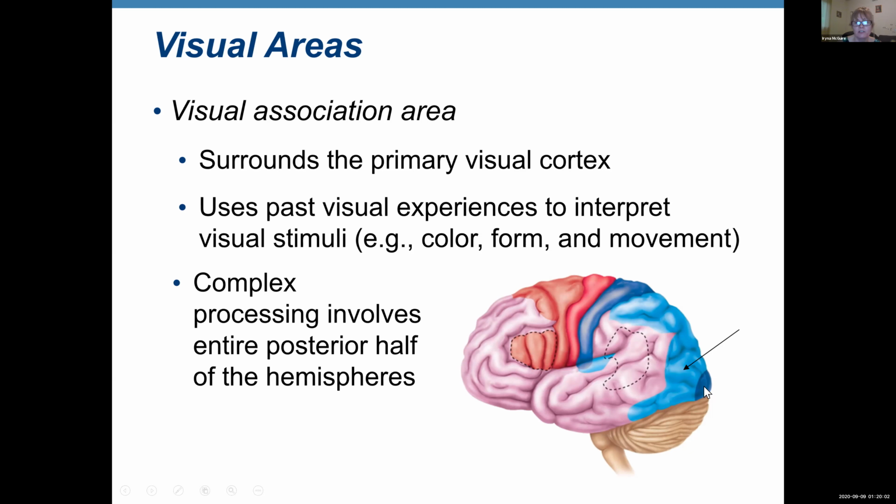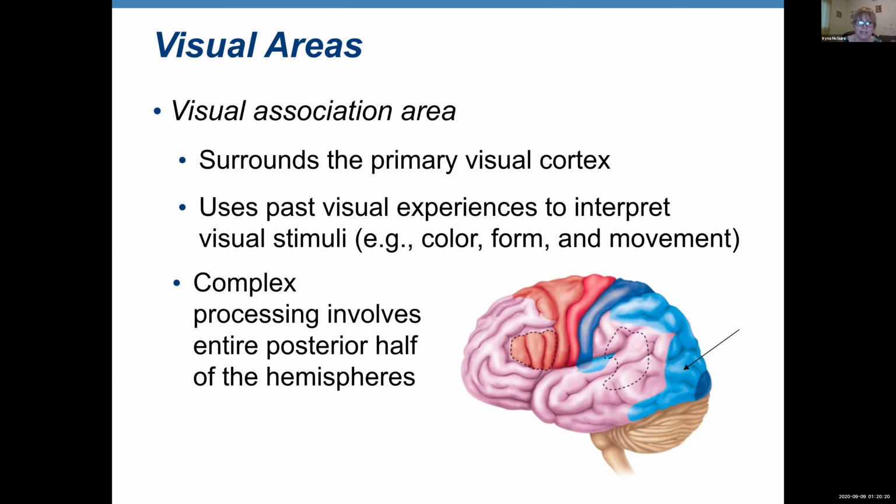So it's one thing to see something, and another thing to interpret this information. For example, compare your vision with the vision of a dog. We can see the same object, right?